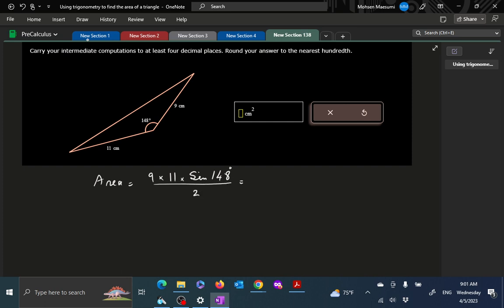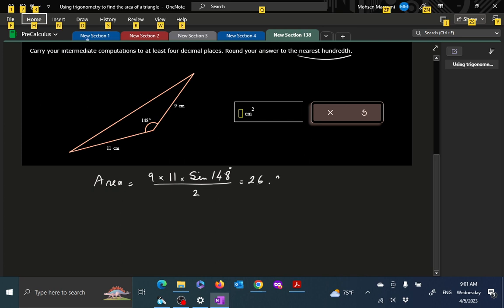And so we find this and then round it. So let's go ahead and crank up our calculators, and I seem to find 26.2310, and to the nearest hundredth, that would be the answer we are looking for.